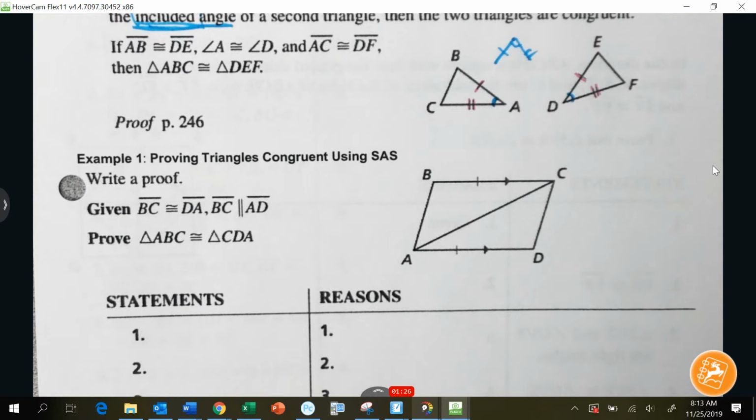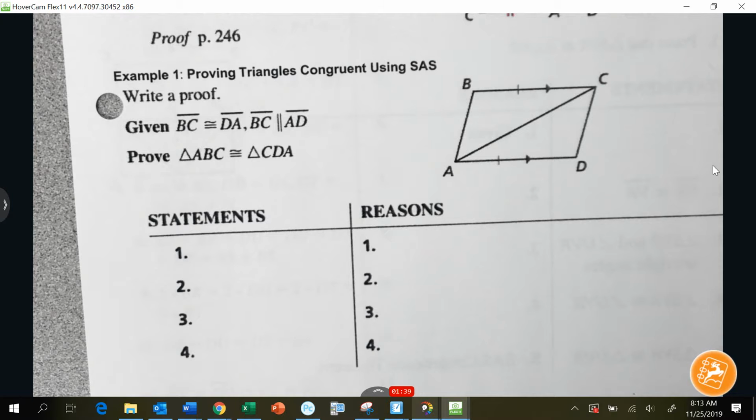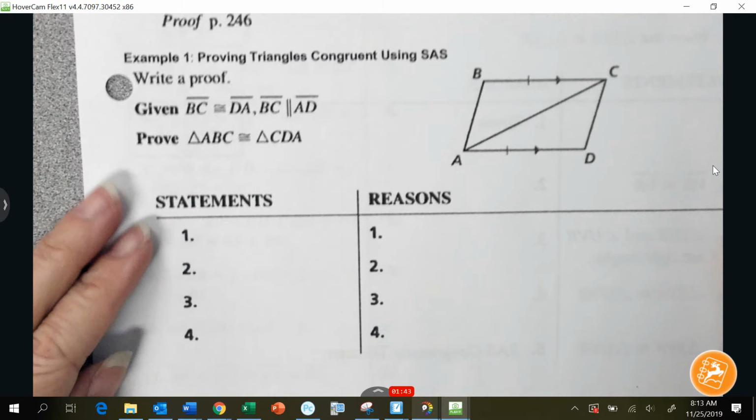So let's see that using a proof. Go ahead and fill out the first step. I know you can. First statement and reason. I kind of feel like you should be able to do the fourth statement also.